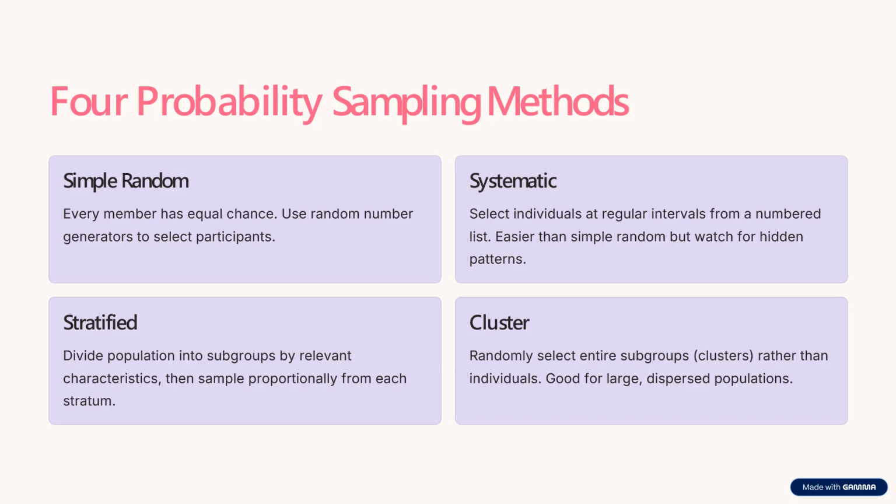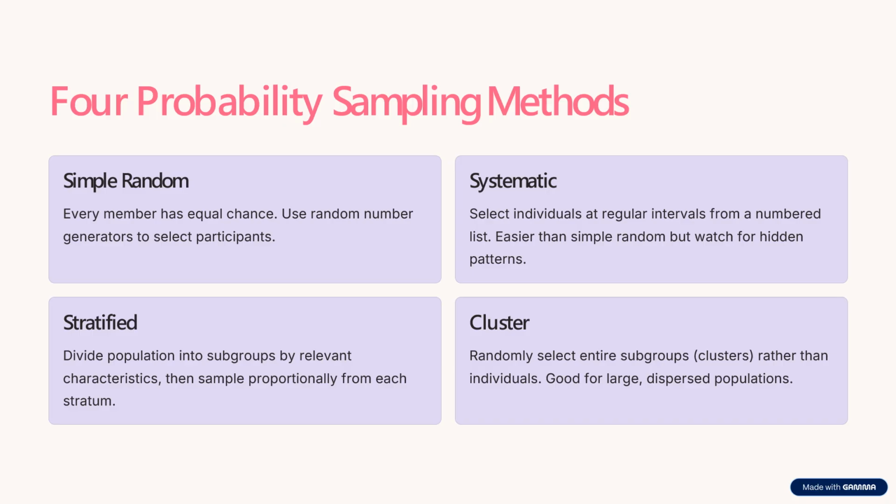To use this sampling method, you divide the population into subgroups called strata based on the relevant characteristic, for example, gender, age range, income bracket, job role. Based on the overall proportions of the population, you calculate how many people should be sampled from each subgroup. Then you use random or systematic sampling to select a sample from each subgroup.